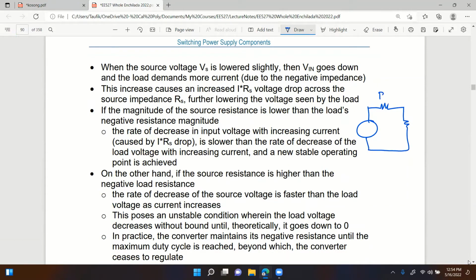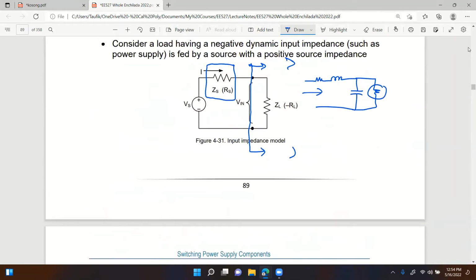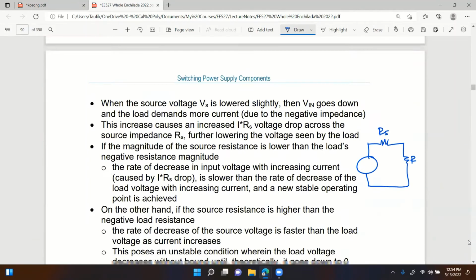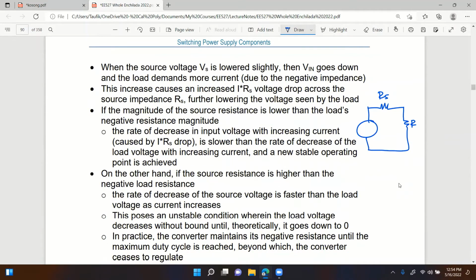This is Zs, this is ZL, right? And here's the input impedance, Vin into the power supply, and here's the source of the power supply, right?